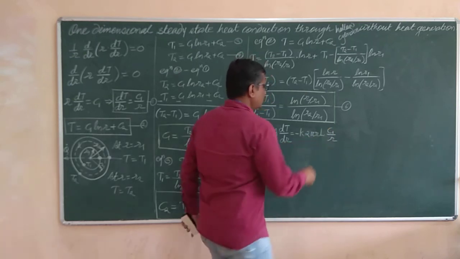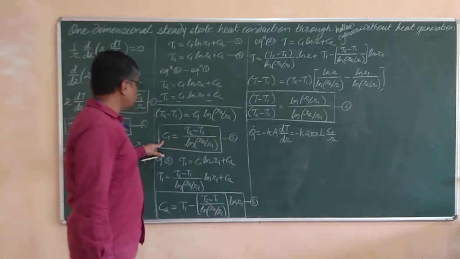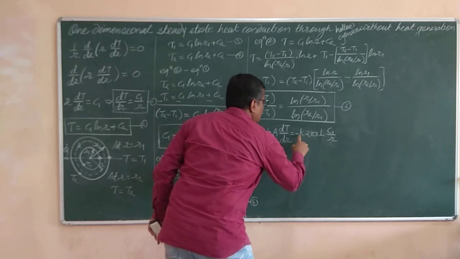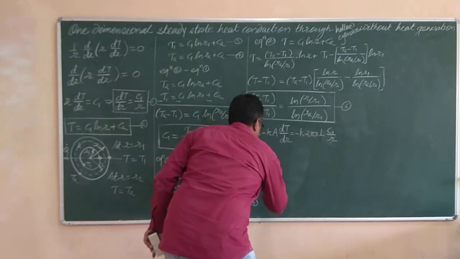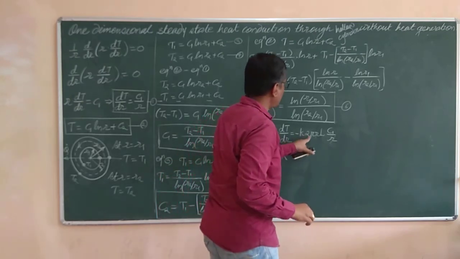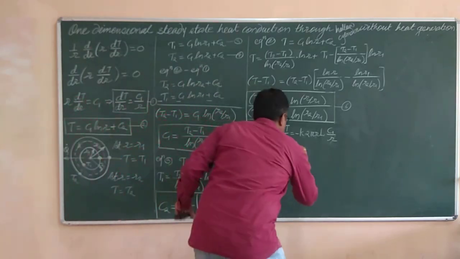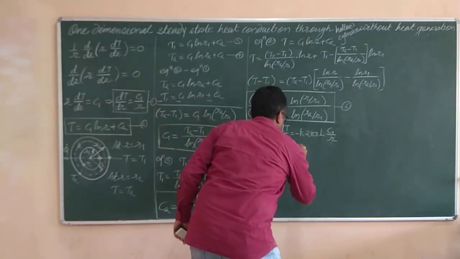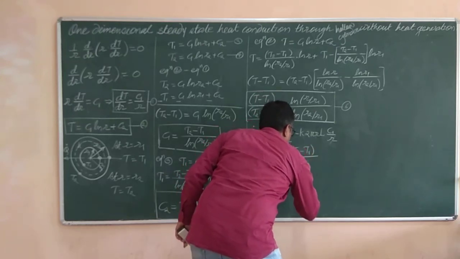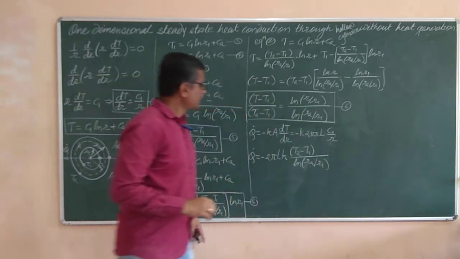Now here, this R will get cancelled, and we know the value of C1, that is a constant. So if I write it, I will have this Q dot equals minus 2 pi Lk into C1, where the value of C1 is T2 minus T1 divided by the natural log of R2 by R1, right?